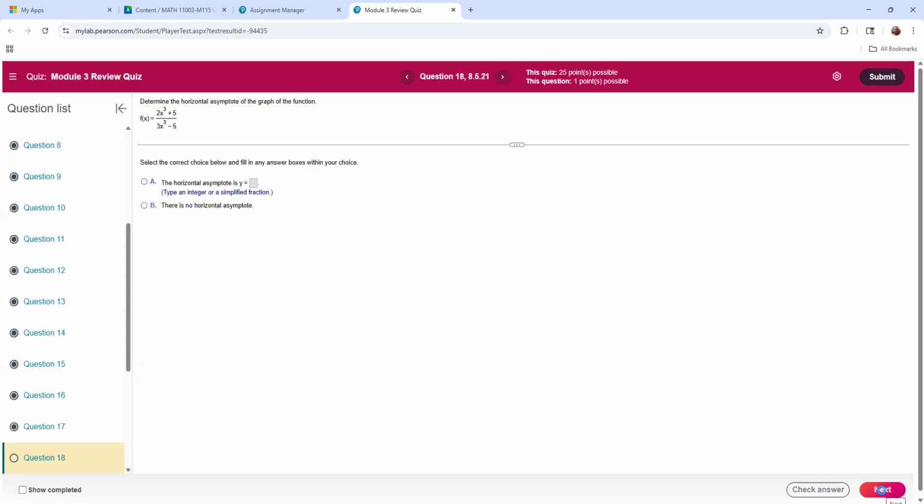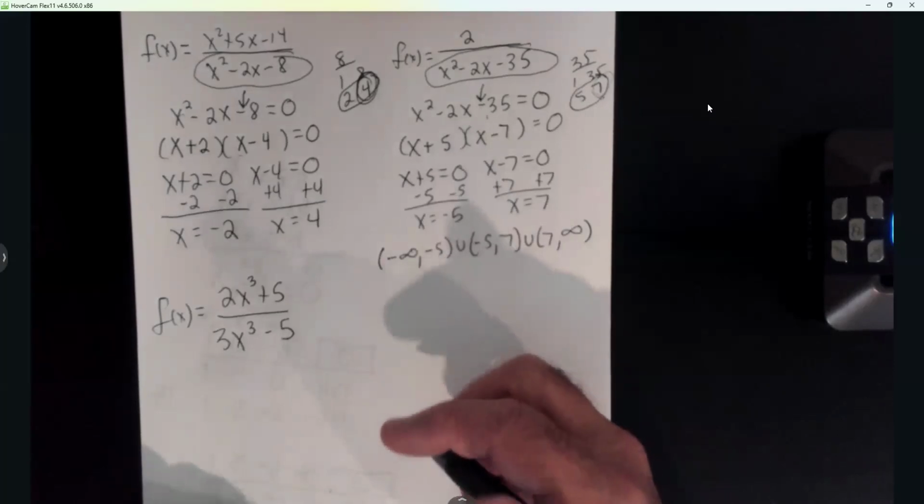All right, this one wants a horizontal asymptote. I got a 2x to the third plus 5 over a 3x to the third minus 5. So y'all let me explain this one a little bit. When we did horizontal asymptotes, there were 3 cases.